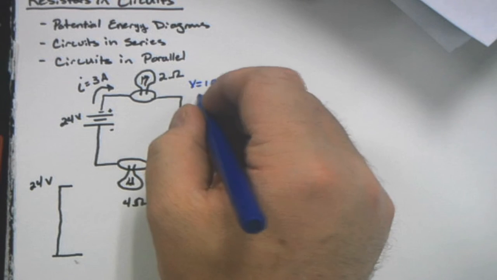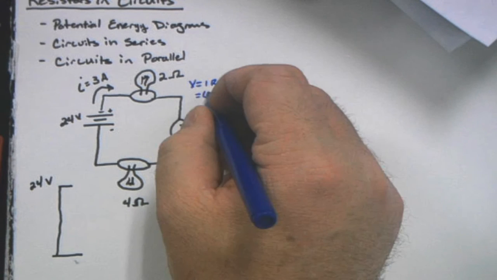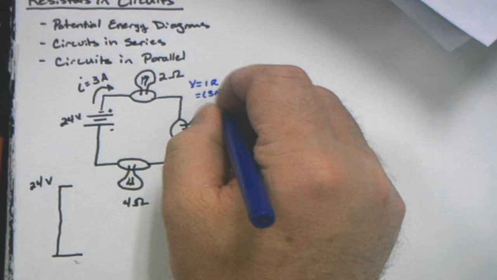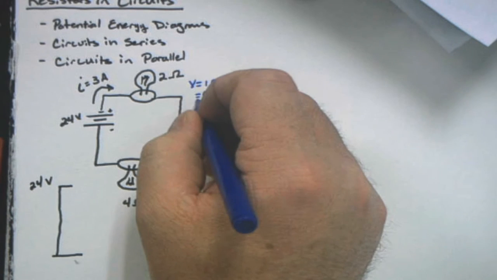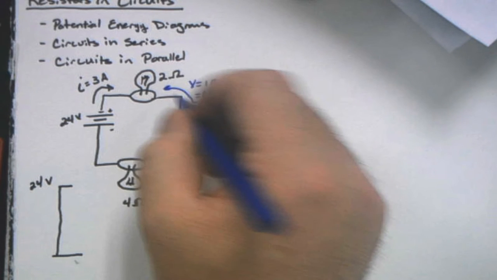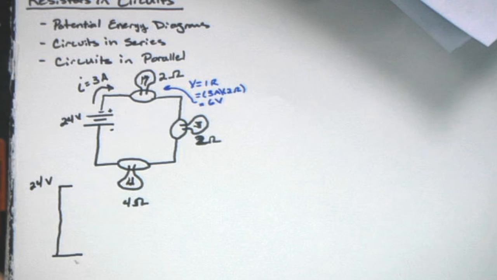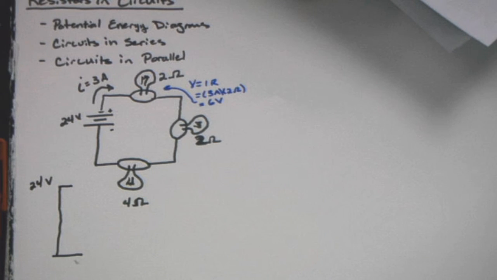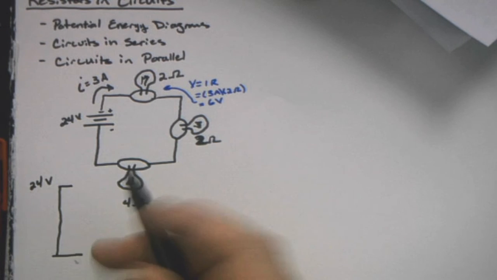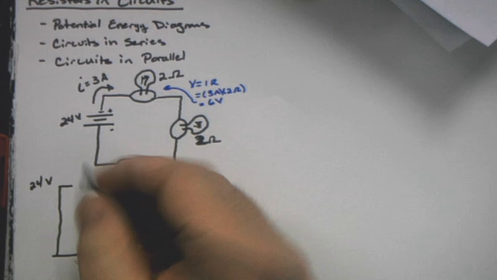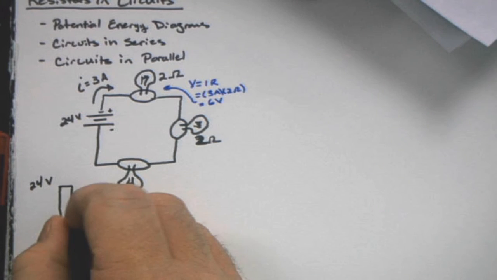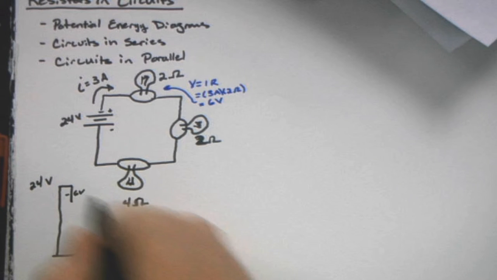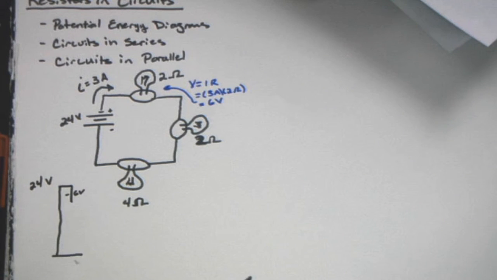This is going to equal 3 amps times 2 ohms, which gives us 6 volts, here in this lamp. And so this lamp in particular is going to take away 6 volts of our potential. That's a negative 6 volts that we're going to lose as we go through that bulb.